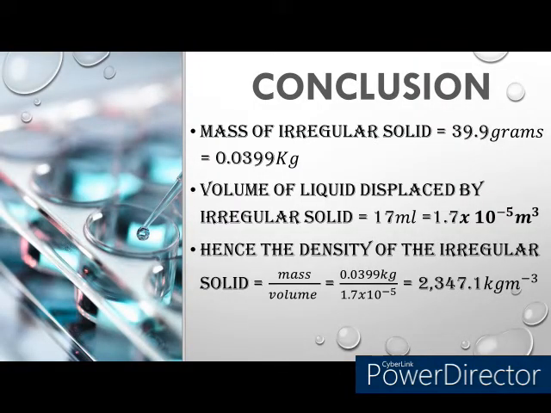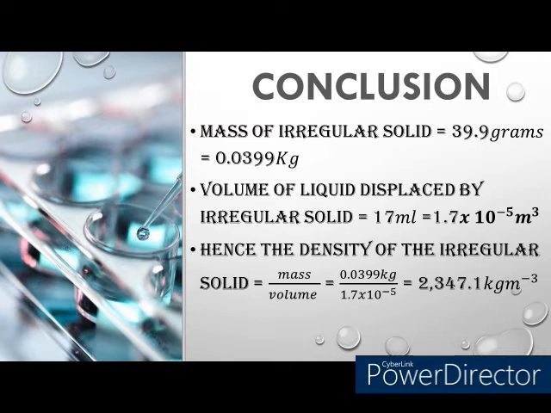So here is our conclusion from what we had deduced earlier, which is the mass of the irregular solid to be 39.9 grams, which is equivalent to 0.0399 kg. And then from the practical that we conducted, the volume of the liquid displaced by the irregular solid gave us 17 mil.